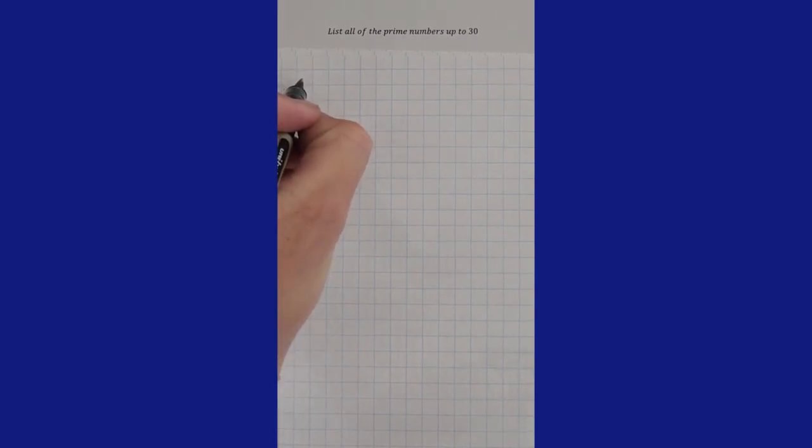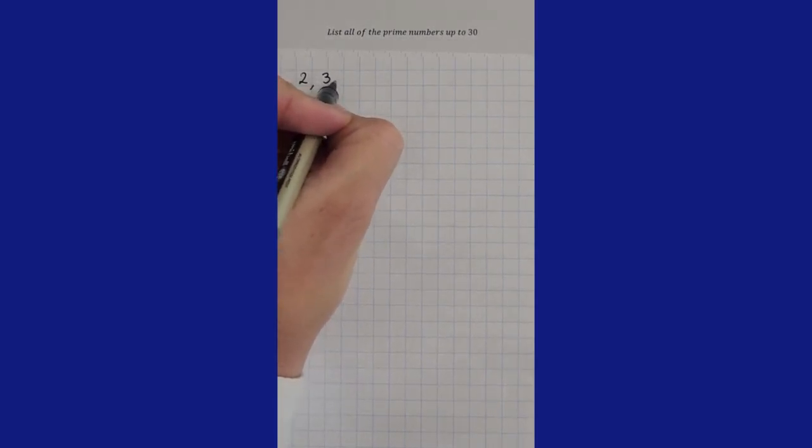Prime numbers are numbers that are effectively not in any other times tables other than themselves and 1. So the only way you can make the number by multiplying two numbers is 1 and itself. The first prime number is 2. We can only make that with 1 times 2.